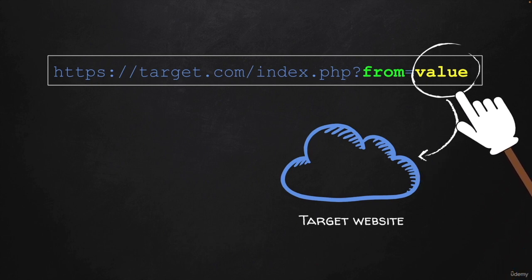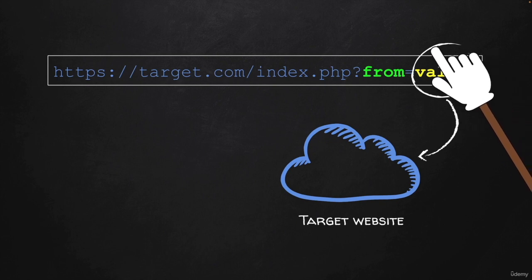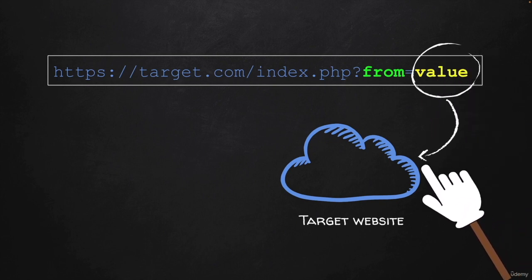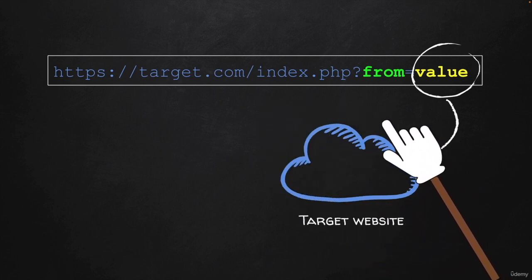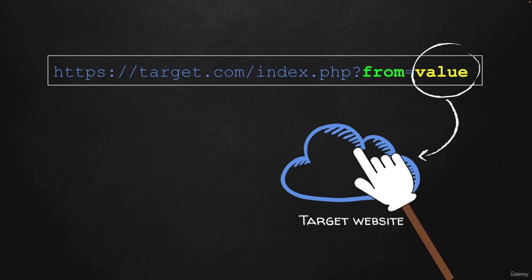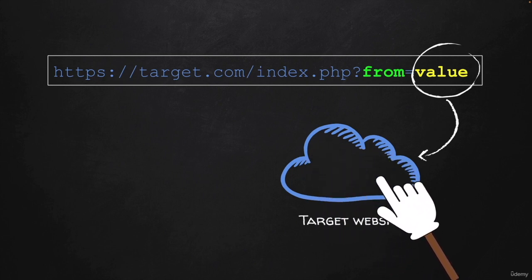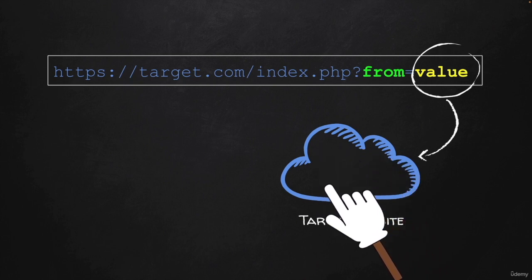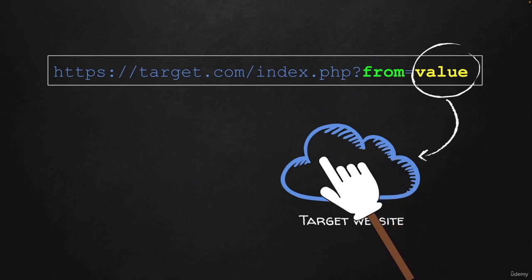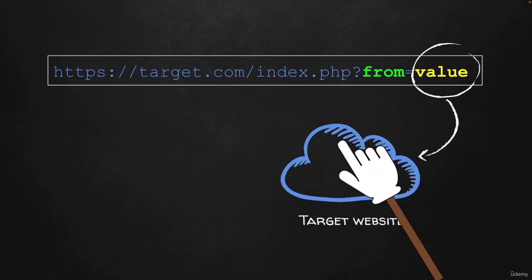This is really important to understand because we know now by manipulating this value, we can manipulate whatever is being accepted or digested by the web application on the cloud, and therefore we might be able to cause it to misbehave, to either reveal information or maybe even exploit it and gain control over it. And we will see how to do that later on when we talk about other vulnerabilities and bugs.